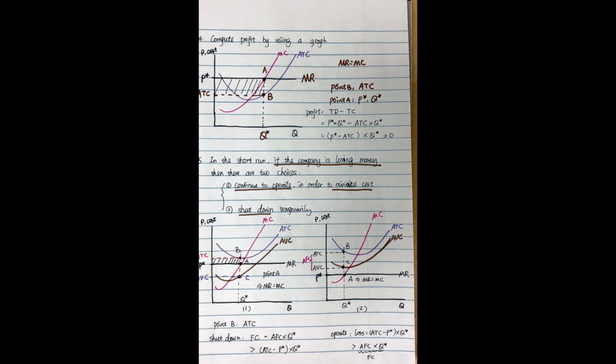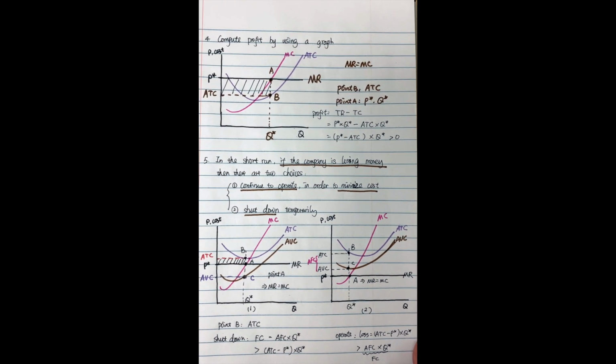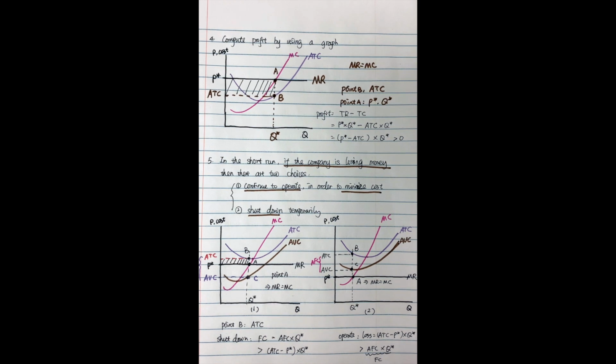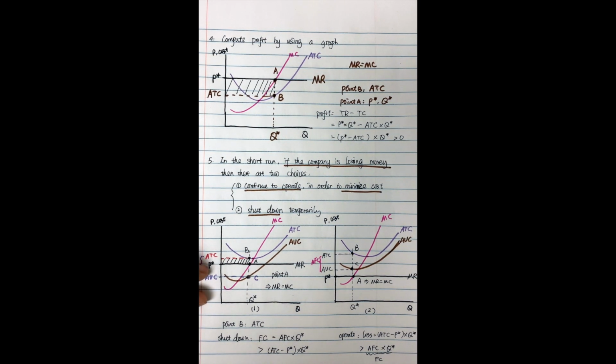Therefore, these are the two choices that a firm can make when the firm is losing money in the market. So you can notice this is the condition: the price lies between average total cost and average variable cost.